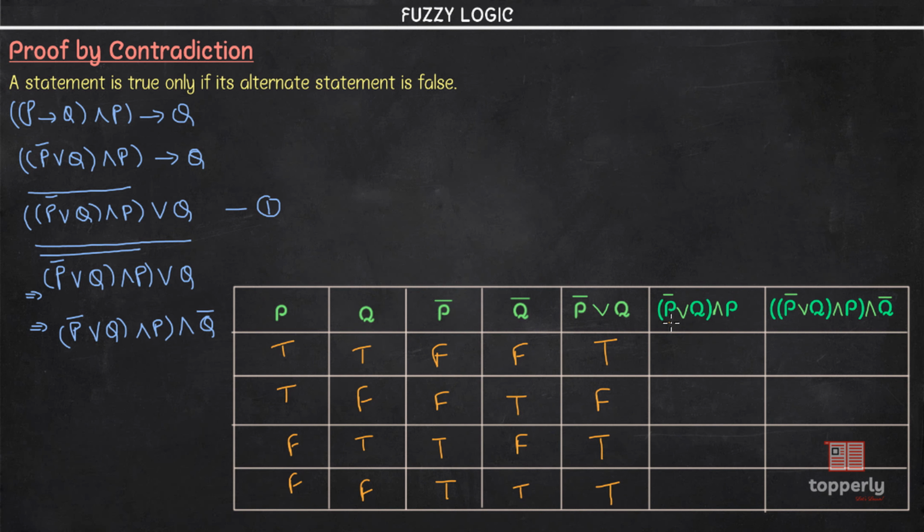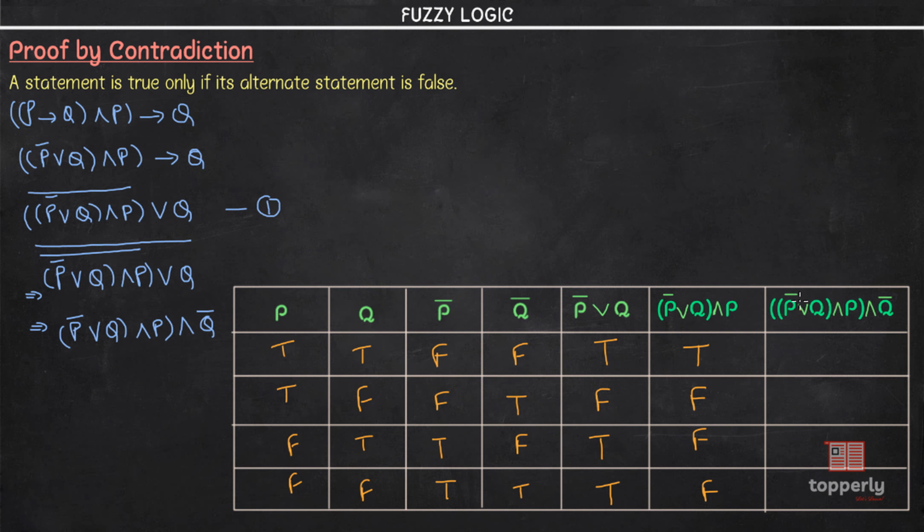Then we have P negation disjunction Q, conjunction P. That is, we consider this column, conjunction, this column. So, we take true and true, which will be true; false and true, which will be false; true and false, which will be false; and false and true, which will be false.